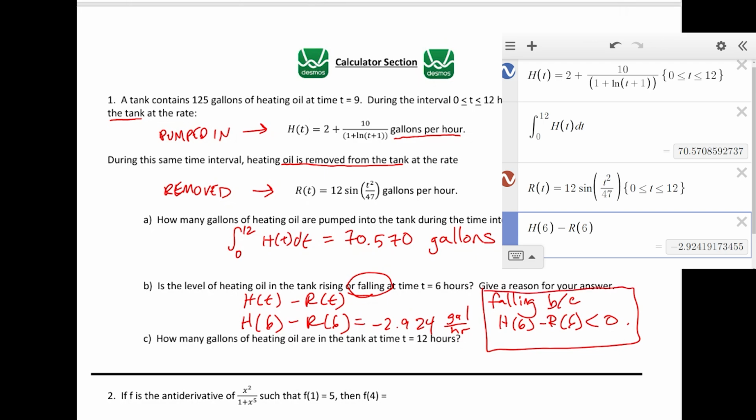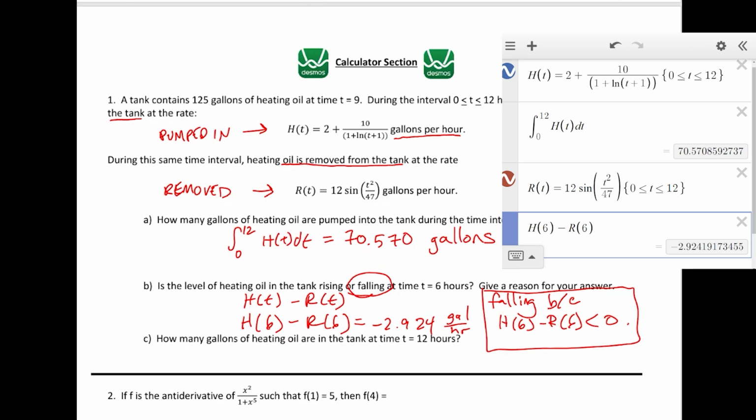Okay, another way of saying that, instead of h of 6 minus r of 6 is negative, if you're trying to describe what's happening and put a little context around your answer, what might make more sense is to say that there's more oil being removed than being pumped in.